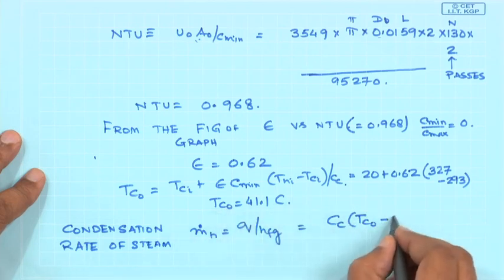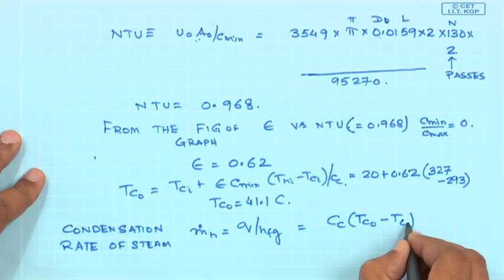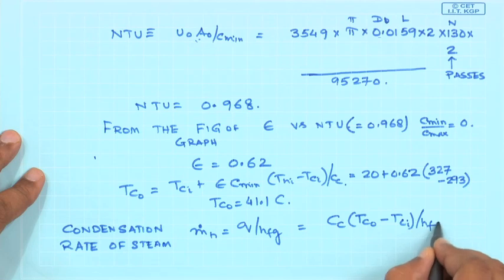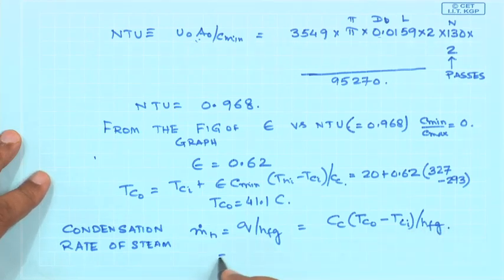TCO is known to me, TCI is known to me. So, the outlet temperatures are known, multiplied by Cc would give me Q divided by HFG.